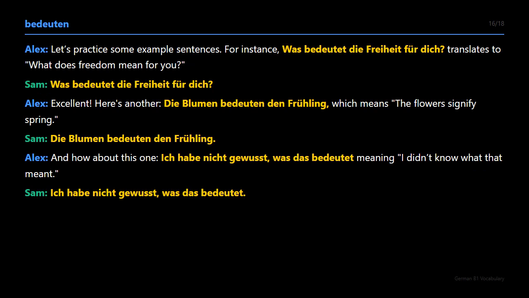Die Blumen bedeuten den Frühling, which means the flowers signify spring. And how about this one? Ich habe nicht gewusst, was das bedeutet. Meaning, I didn't know what that meant.